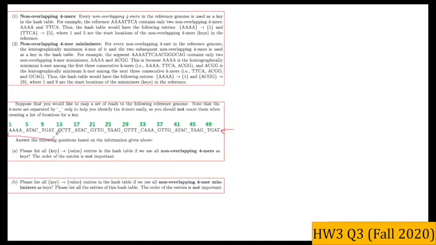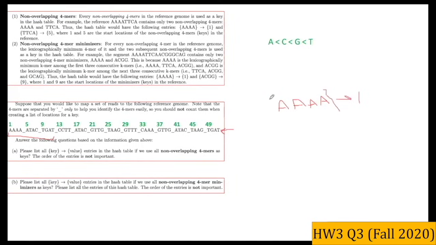Now remember that A is less than C, less than G, and G is less than T in alphabetic order. So the minimizer out of these 3 k-mers is basically 4 A's, right? So we store them here, 4 A's, and we also store the location of 1.